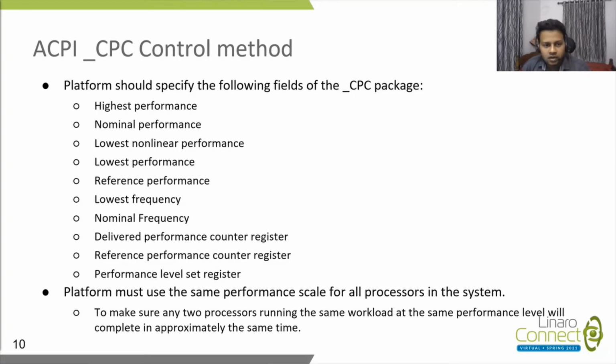For example, consider a big little system. The big CPU will run at a higher frequency and the little ones at lower. In such a system, any two processors running at the same performance level should finish the same workload in approximately the same time. This is why it is recommended to choose the same performance scale for all the processors in the system.